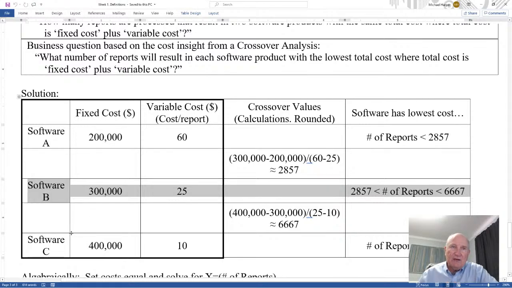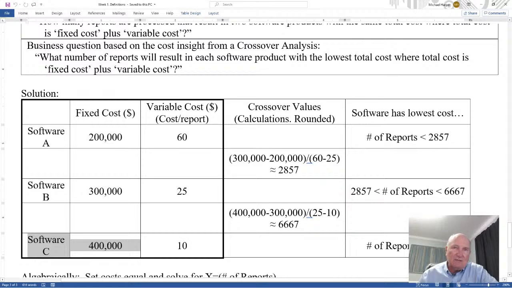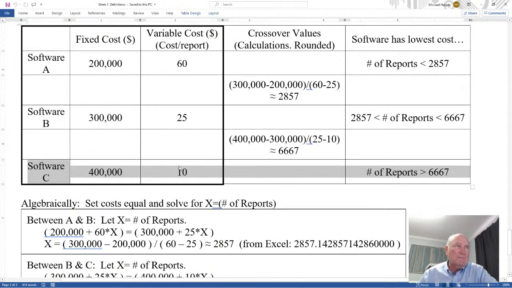But then software C, since it has the highest fixed cost, you have to make more to see if the lower variable cost will offset the increased fixed cost. Well, that's everything above 6,667, then software C will have the lowest cost.